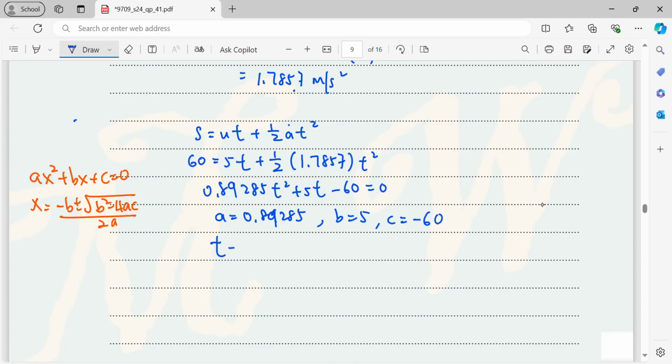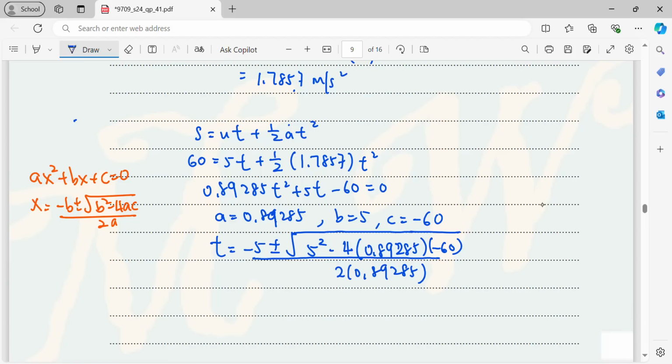So now my t is minus 5 plus minus the square root of b squared, which is 5 squared, minus 4 times 0.89285 times minus 60, over 2 times 0.89285.